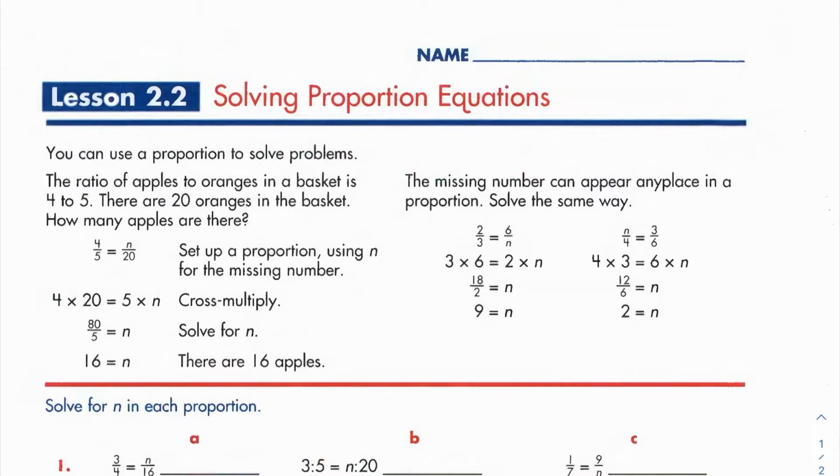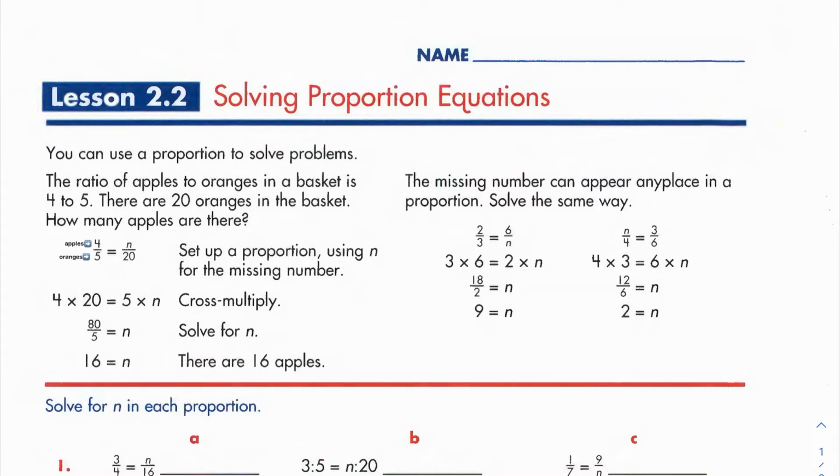First, we know the ratio of apples to oranges is 4 to 5. So we will put 4 apples on top and 5 oranges on bottom. It is very important to understand that the way we set up our ratio is apples to oranges, apples being the number on top and oranges being the number on bottom.